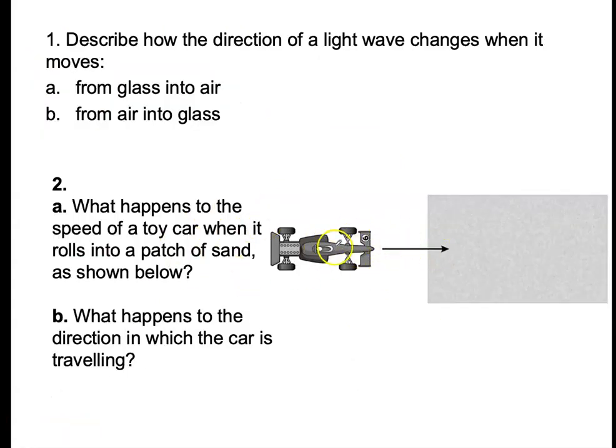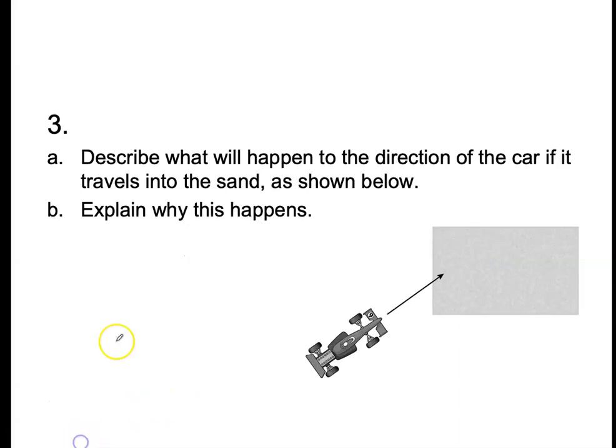Then we've got a toy car going into a patch of sand. What will happen to the direction of the toy car? Question 3 is very similar, in the sense that the toy car now goes in at an angle. This red ray would be your normal, and then see what happens to the direction of the car.